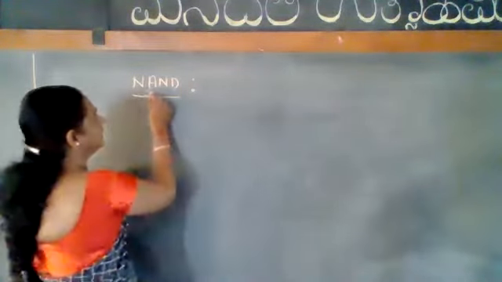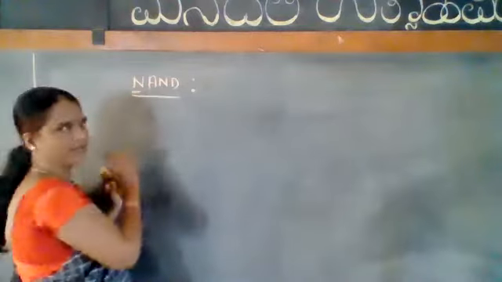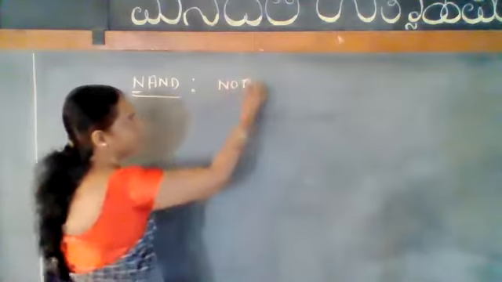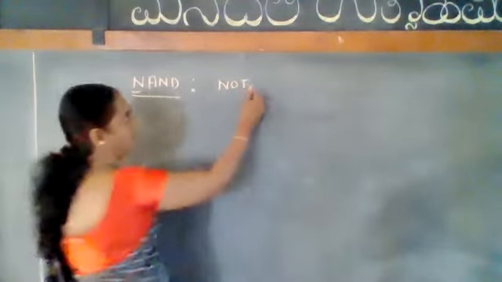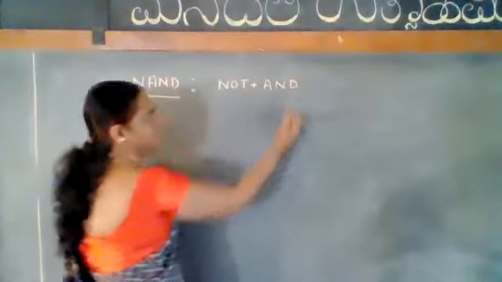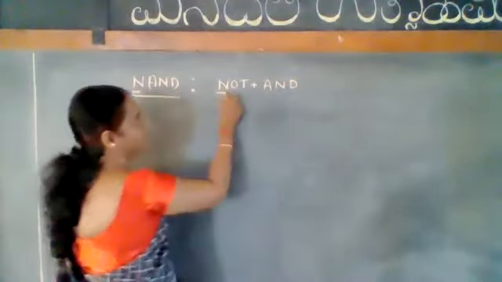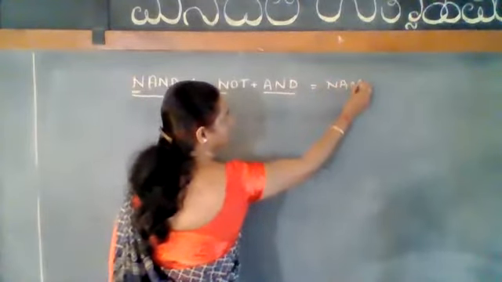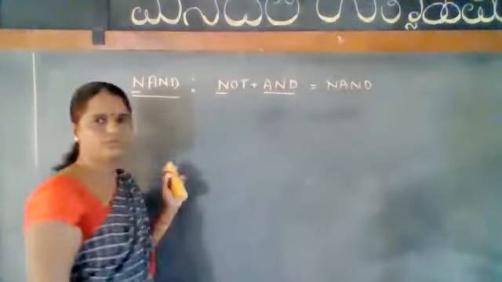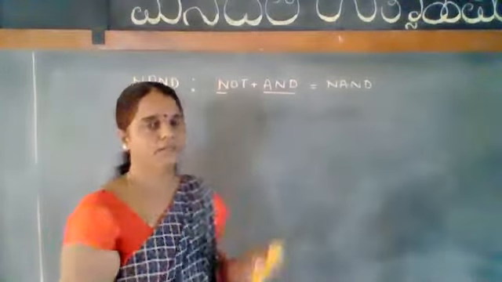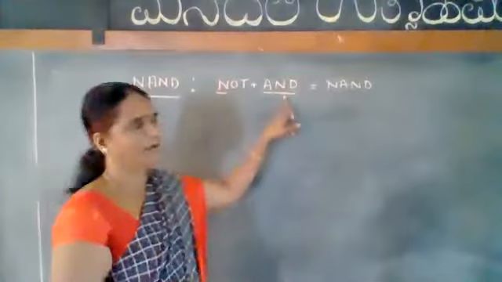The N in the NAND indicates that it is NOT added with AND and gives us NAND. So NAND gate is a combination of two basic gates, NOT and AND.